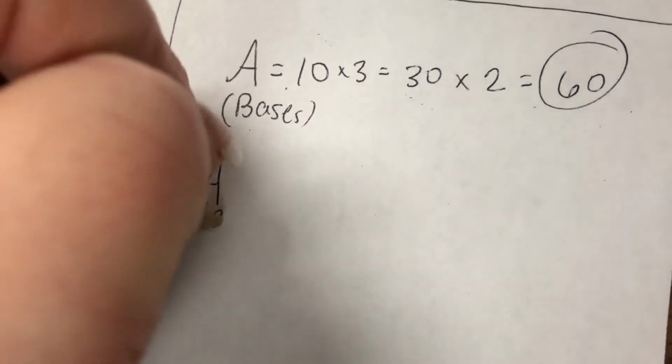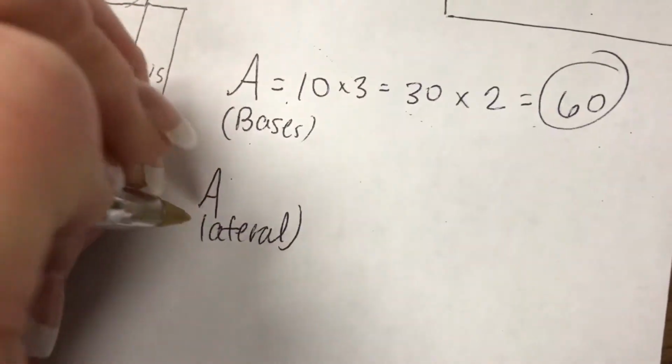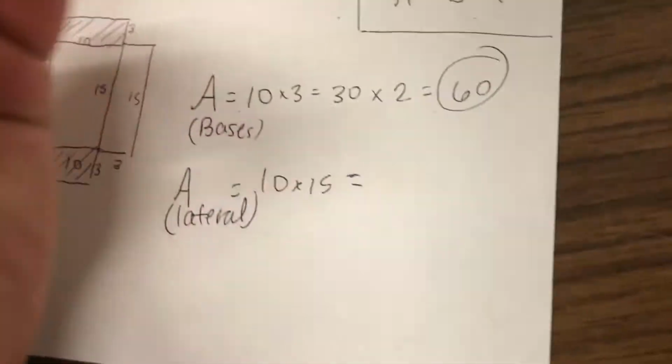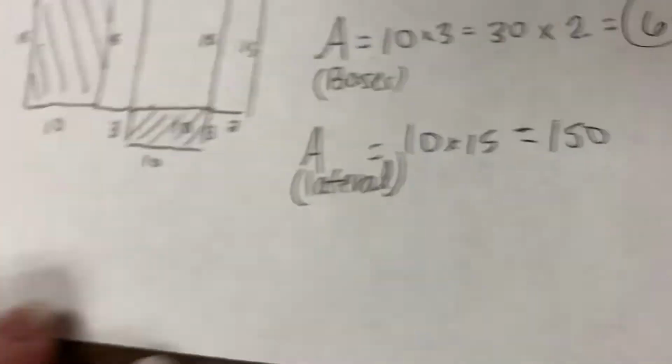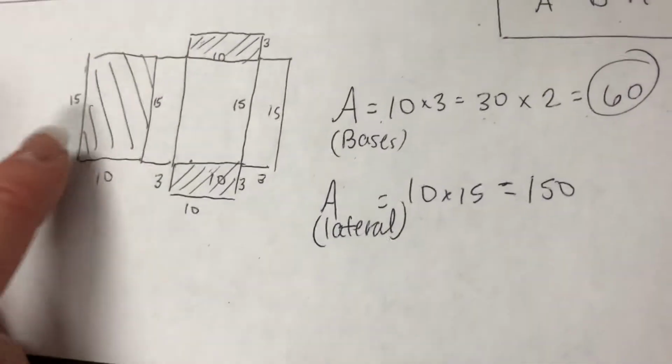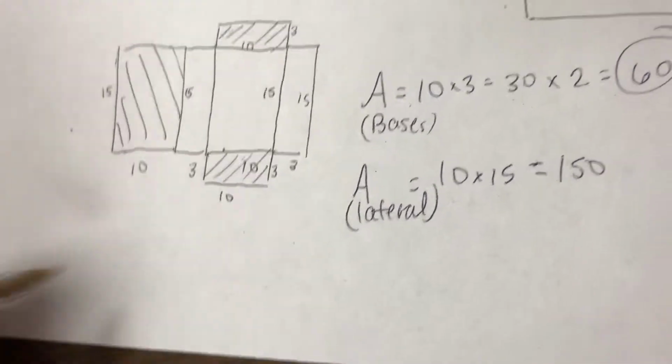So the area of a lateral face is going to be 10 times 15, or 150 square units.